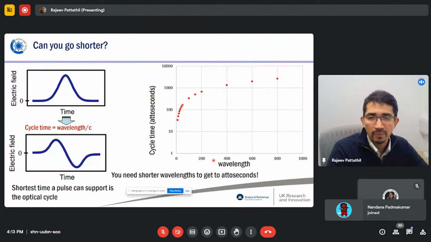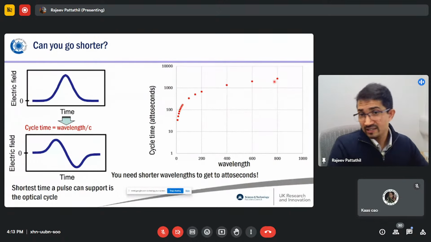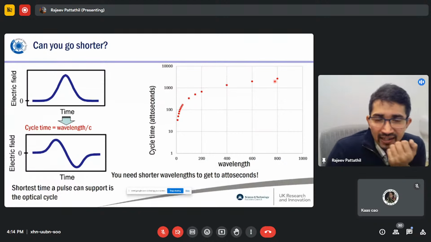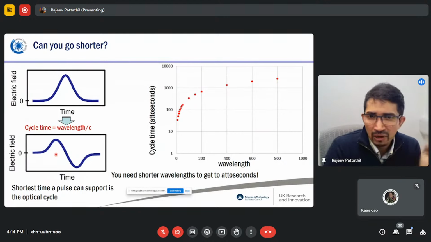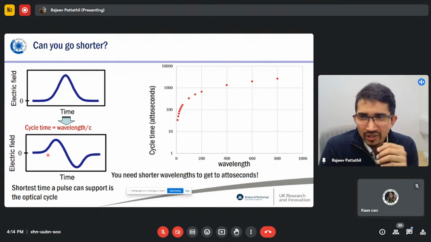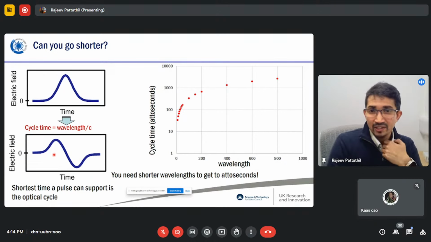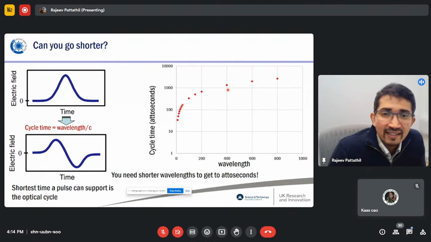This is the problem. For 800 nanometer light, one cycle period is about 2.6 femtoseconds. So using an infrared laser, you can never get to an attosecond.